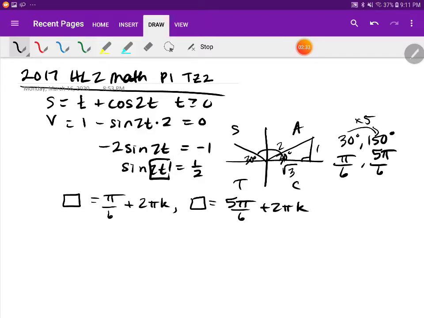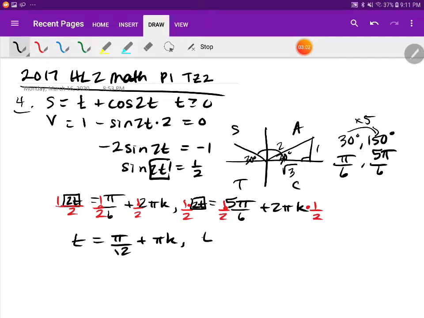Now, if this is in another question on solving equations, this is number 4 again, if I wanted all answers, I have to divide by 2, so multiply by 1/2. I do have to multiply the restriction also by that 1/2. So t is pi over 12 plus pi k, and t is 5 pi over 12 plus pi k.